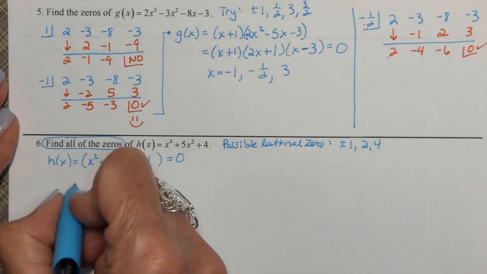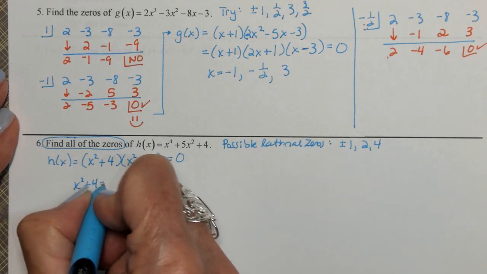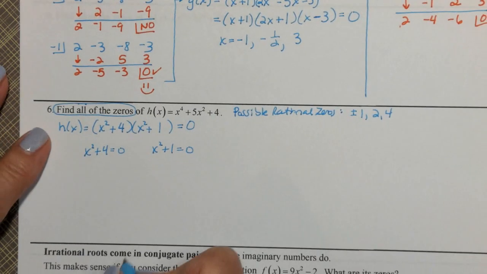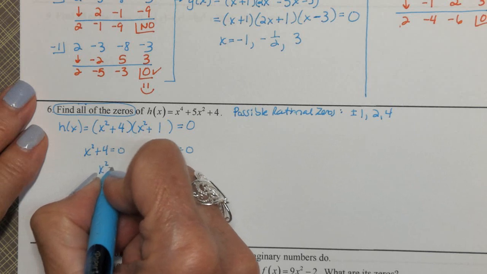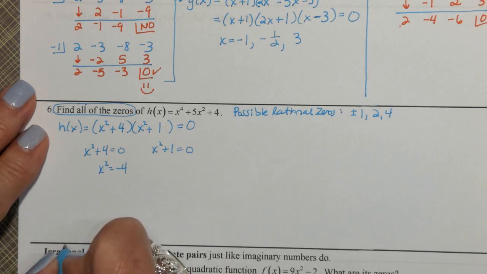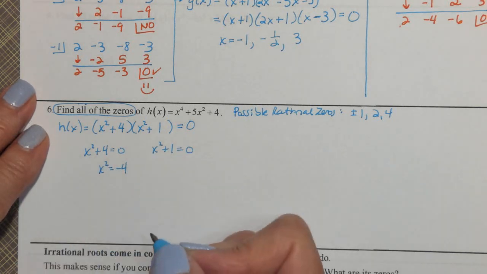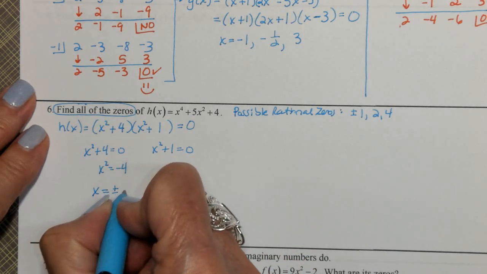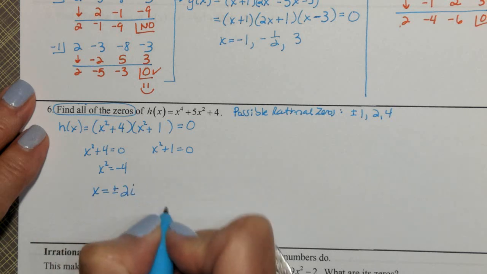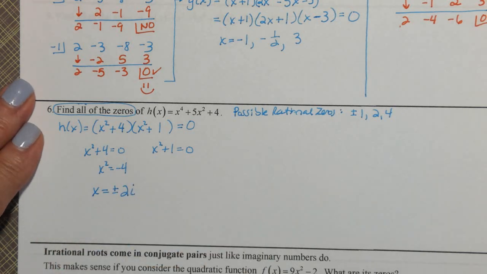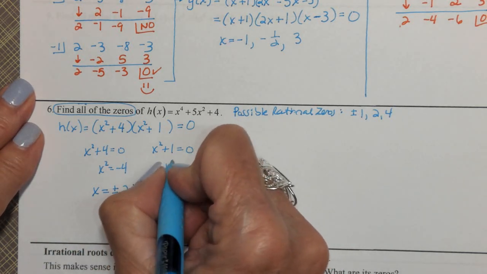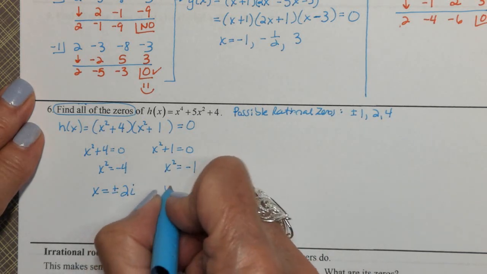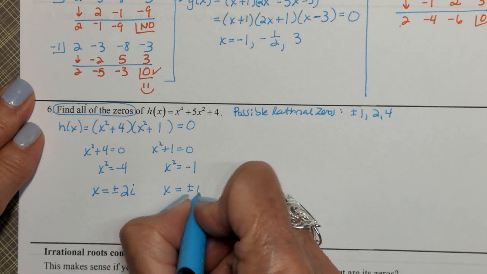Okay, so I have x squared plus 4 is 0, or x squared plus 1 is 0. Well, this gives me x squared is negative 4, and if I square root both sides, don't forget your plus or minus, you're going to get x is equal to plus and minus 2i, because you're square rooting a negative. A similar thing will happen here because we have a negative 1 on the other side. We're going to get x is equal to plus and minus i.